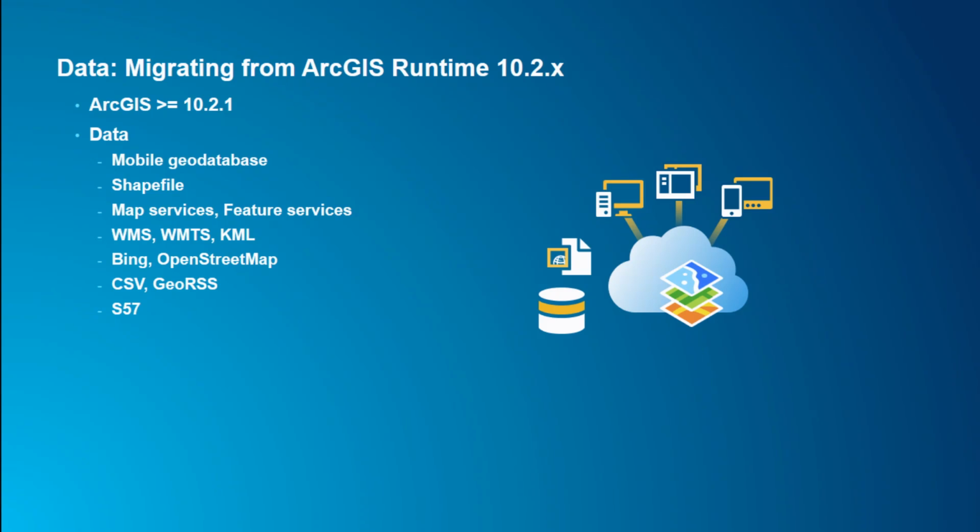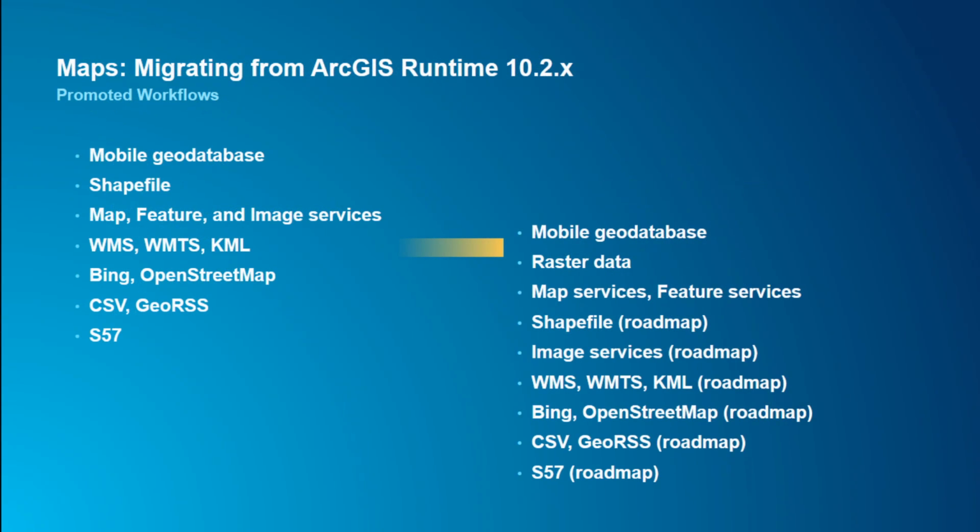Okay, so we talked about some of those data, map contents rather, so map packages and tile packages and things. Let's take a look at some of the data formats that you had available within ArcGIS Runtime 10.2x and what the promoted and equivalent workflows are in ArcGIS Runtime 100. So on the left-hand side are the formats that were available to you in 10.2x.